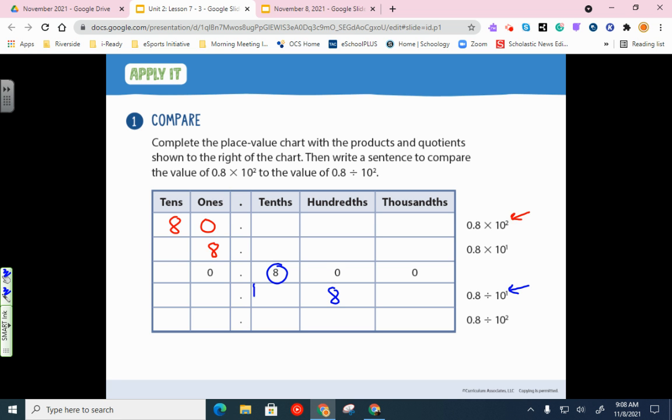Now we can't leave this spot blank. You have to put a 0 in there as a placeholder. Same for here. If we move that 8 tenths 2 places, then we've got to put our zeros right here. So that's basically how that works out as far as your numbers go. So again, dividing makes it smaller, multiplying makes it bigger. Pretty simple.